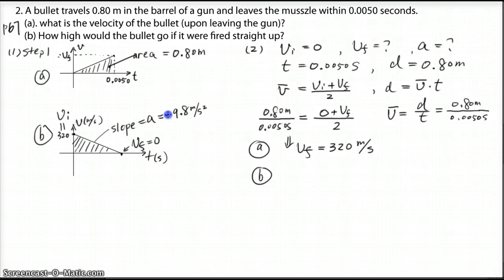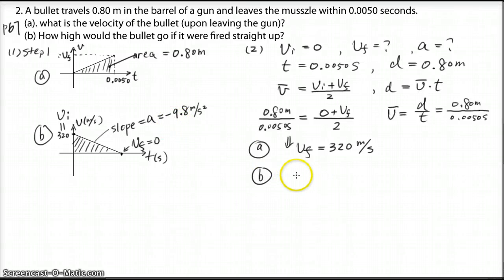The reason it's negative is because we take the initial velocity going up as positive, so 320 is positive, and because acceleration is going down, it is against the direction of initial velocity. That's why the acceleration is negative.